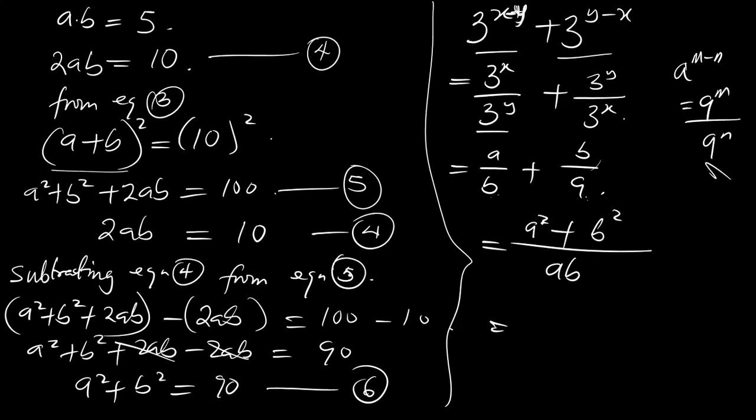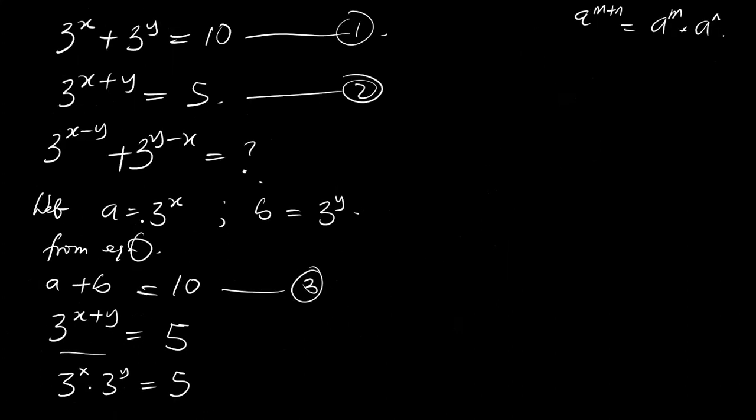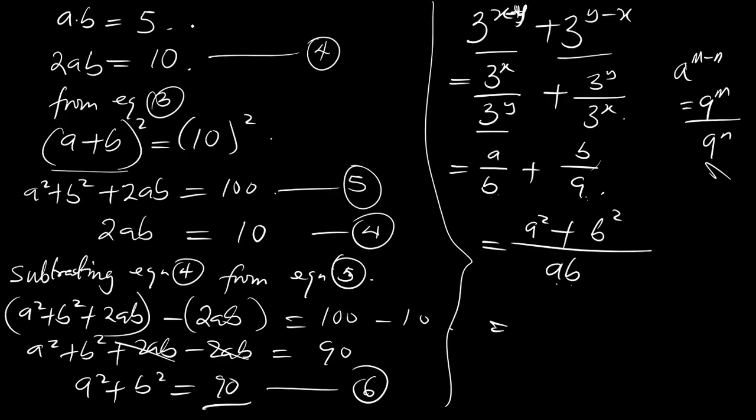Now we have a squared plus b squared as 90, and ab as 5.